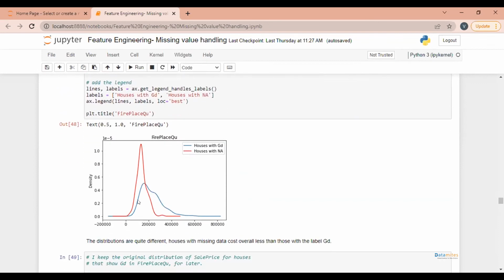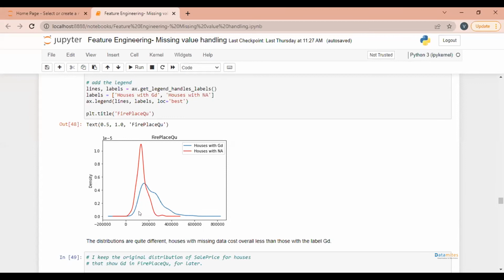This is pre-imputation only. The blue seems to be the sales price distribution of all the values where fireplace quality equals GD, and the red is the sales price distribution of all the NaN values. There is a huge difference between both of these.